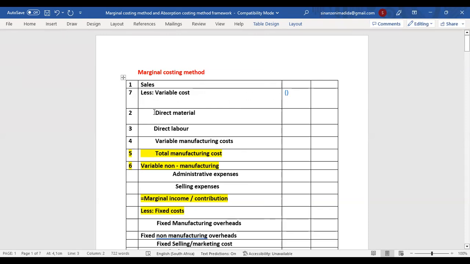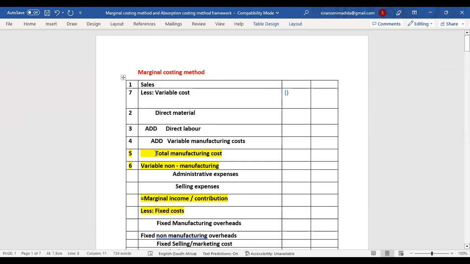Here, we are going to be sub-adding. We take our direct material, we add it, we include the word add here, so that we don't forget what it is that we are going to be doing. This one, we add it to our direct material and we add this one together.